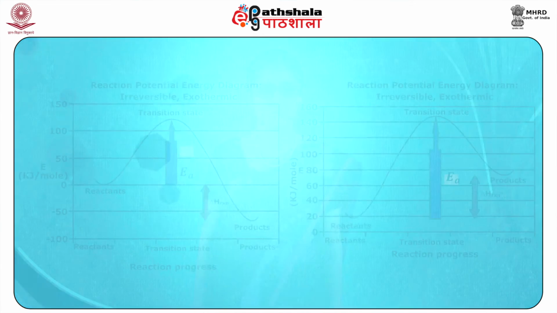The vertical axis is the total potential energy and the horizontal axis is the reaction coordinate, which symbolizes the progress of a particular reaction with reactants on the left hand side and the products on the right hand side. Now, delta H naught represents the difference between the energy of the reactants and the products.